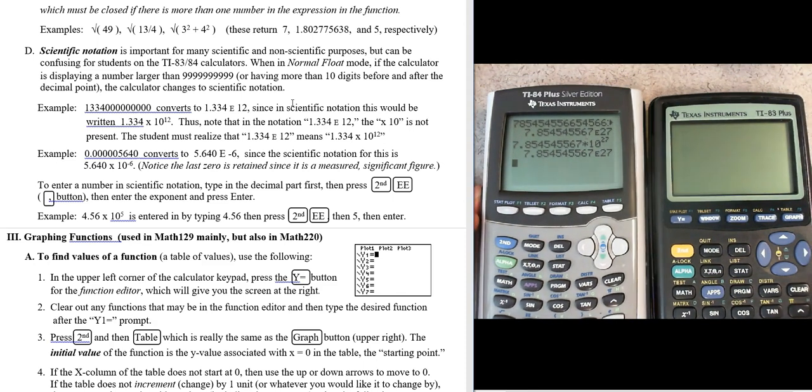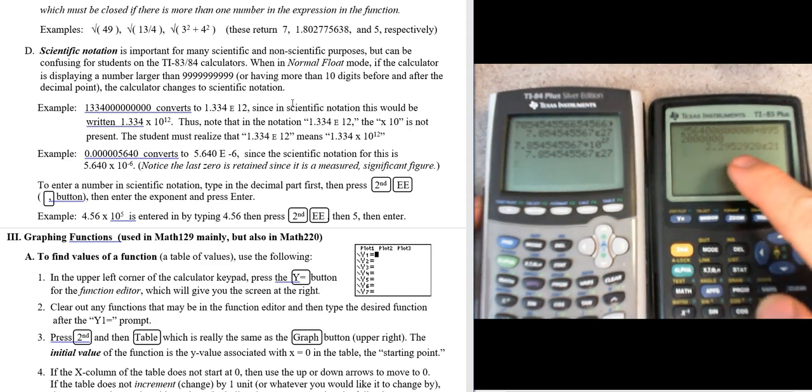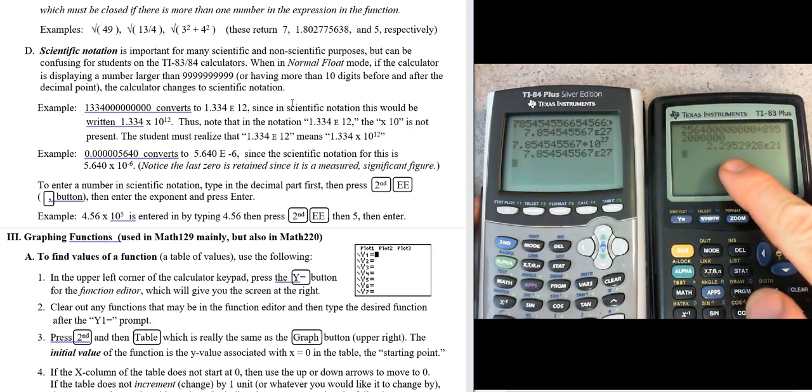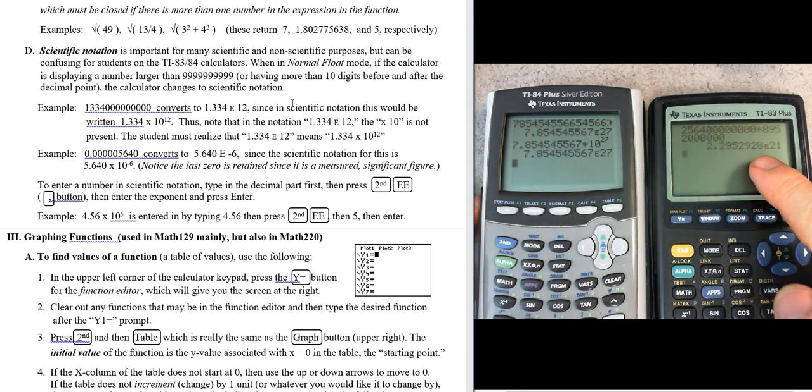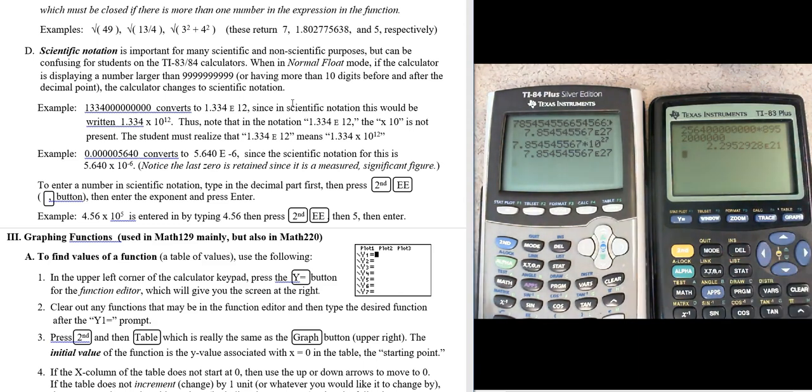Now let's do some calculations over here with some big numbers. Let's say I go 2, 5, 6, 0, 0, 0, 0, and put a lot of zeros, times another big number. Well, it's going to go to scientific notation: 2.2952928 E21, which means times 10 to the 21st power. So whenever you see that E, that's really scientific notation.